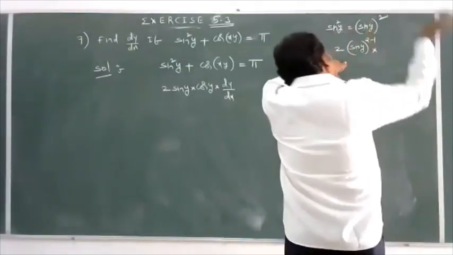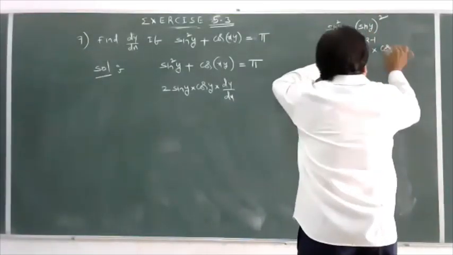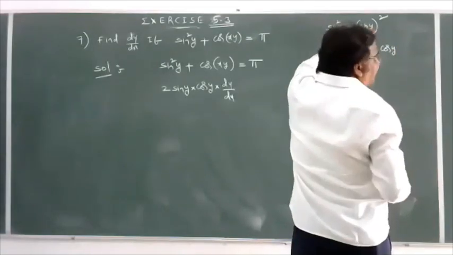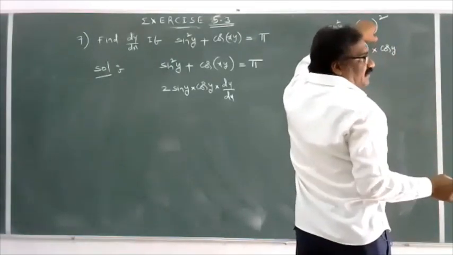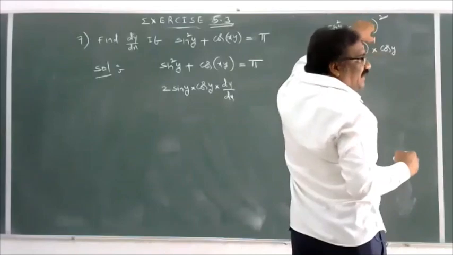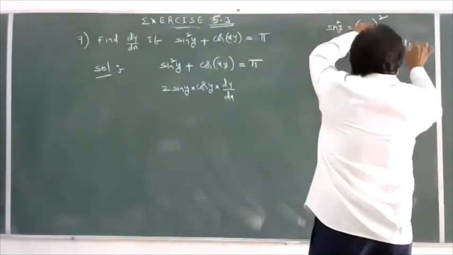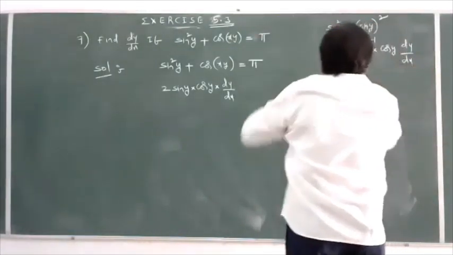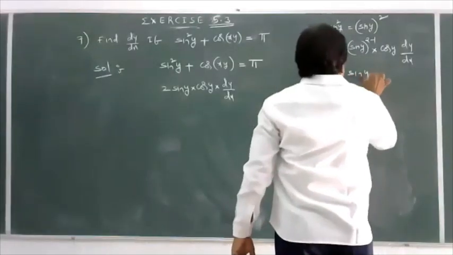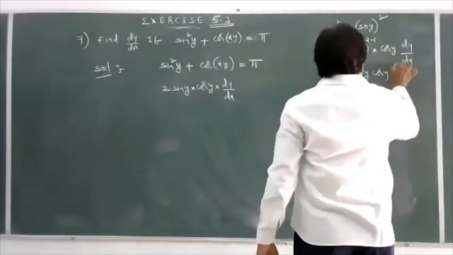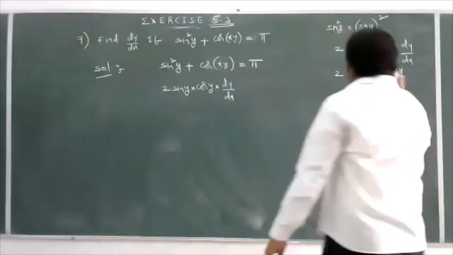Sin y. What is the sin y derivative? Cos y. But here y is there, not x, and with respect to x they are doing the derivative. That's why y derivative dy by dx. Then you get 2 into sin y into cos y into dy by dx.